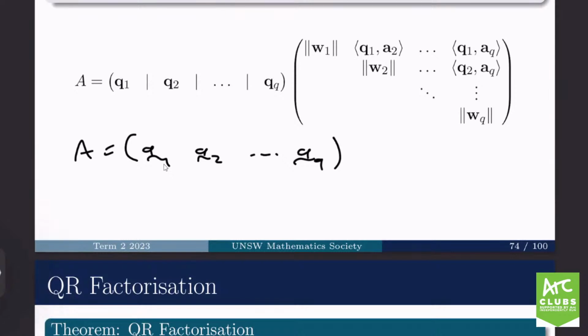And our new orthonormal version of a1 up to aq will be q1, q2 up to qq. Okay, and now that will form our Q matrix, and then our R matrix will be formed by all of these numbers that we get from performing the Gram-Schmidt process.